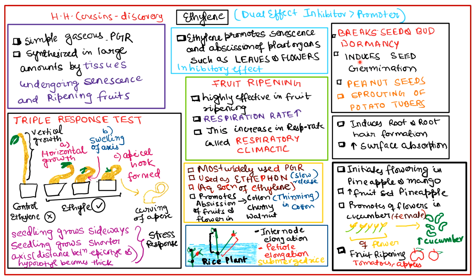Okay, next let's come to the action of ethylene on seed and bud dormancy. Generally, seed dormancy is broken by gibberellic acid, but ethylene also breaks seed dormancy in some cases, such as peanut seeds. In peanut seeds, dormancy is broken and germination is induced by the action of ethylene.